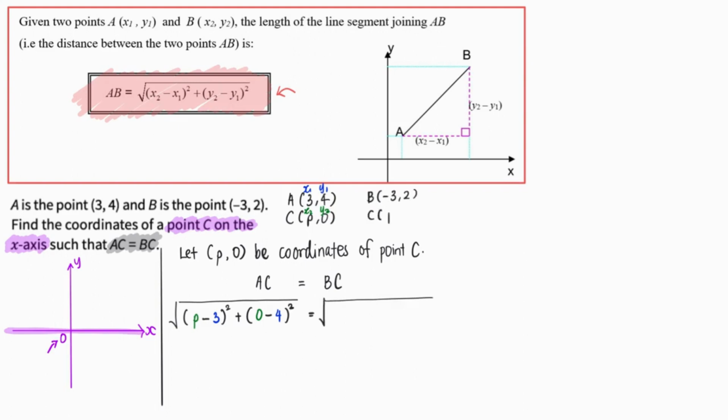Again, I have my C. So if I were to apply the formula again, then this is what you will see. Again, I will have P minus, this is a negative value, so I put a bracket, plus 0 minus 2.